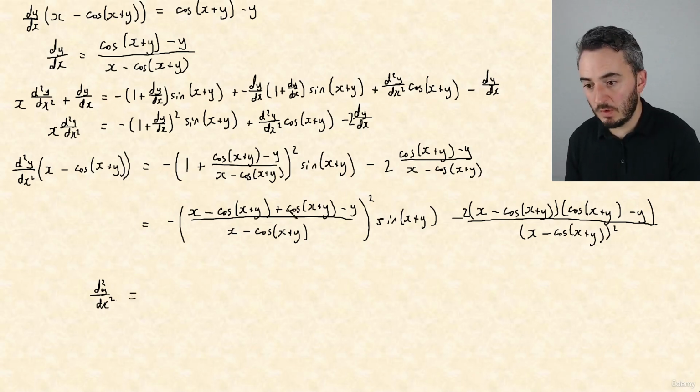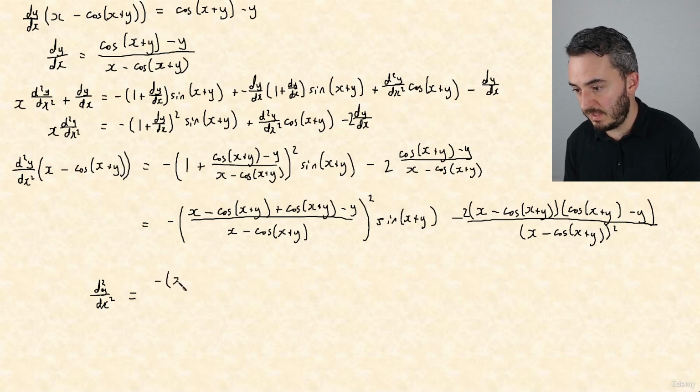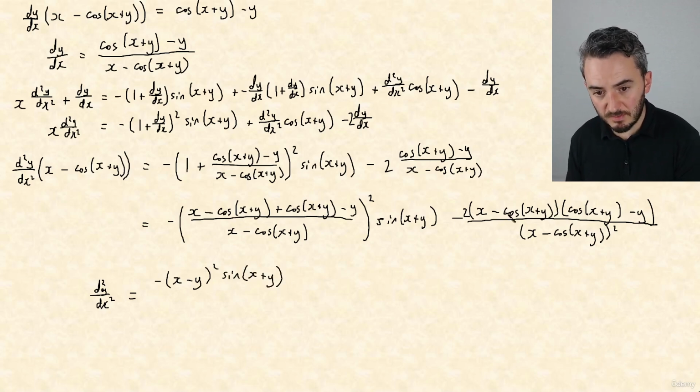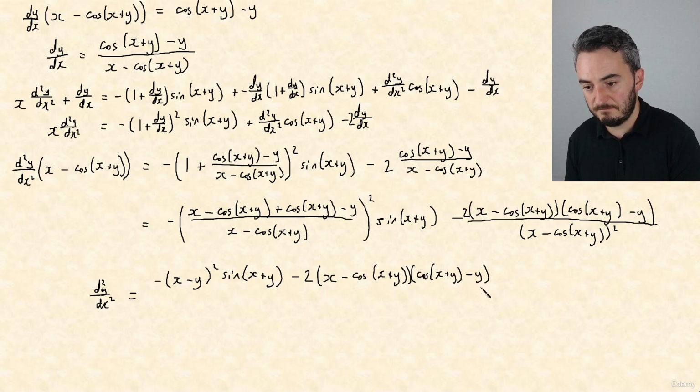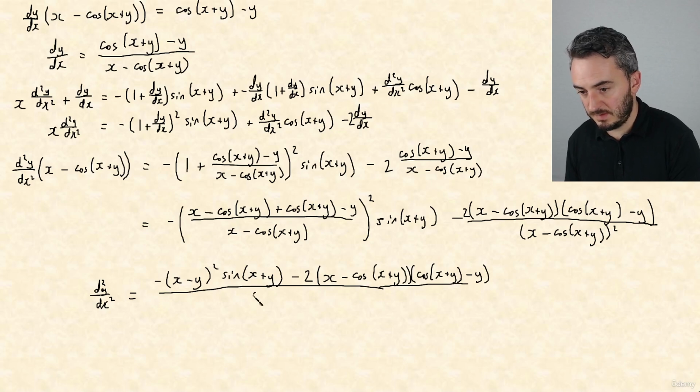Over here, because these two cancel, all I actually have is minus (x minus y) squared sin(x+y). And over here, I'm not sure that does simplify that nicely. It's just minus 2 lots of (x minus cos(x+y)) and (cos(x+y) minus y). And all of that can sit over (x minus cos(x+y)) all cubed.